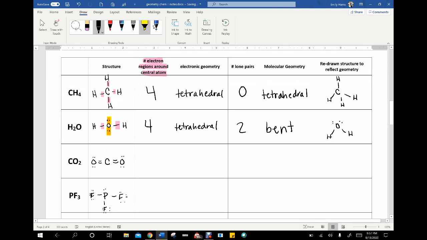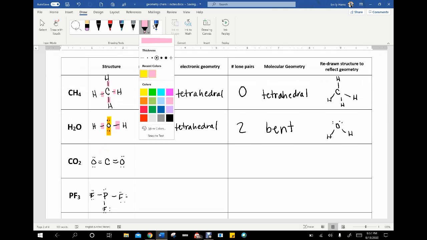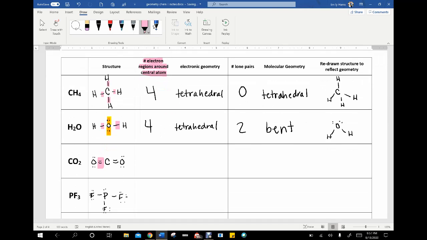Next, we've got carbon dioxide. And so we're going to count our electron regions around the center atom. Now remember that if you have a double or a triple bond, that still only counts as 1 electron region. It's 1 area where the electrons are, even though you have more electrons present in that space. So even though they're double bonds, they just count as 1 region.